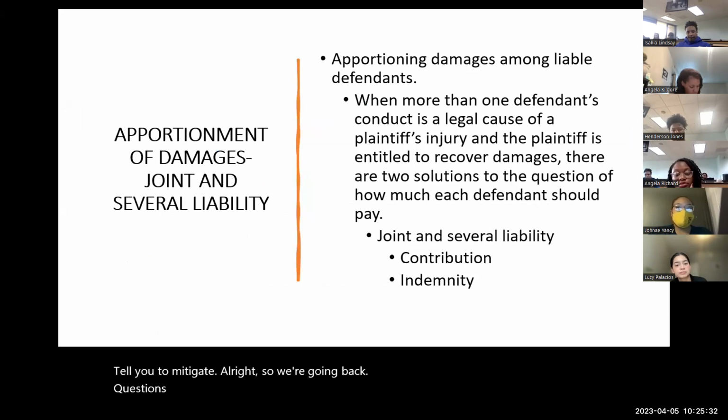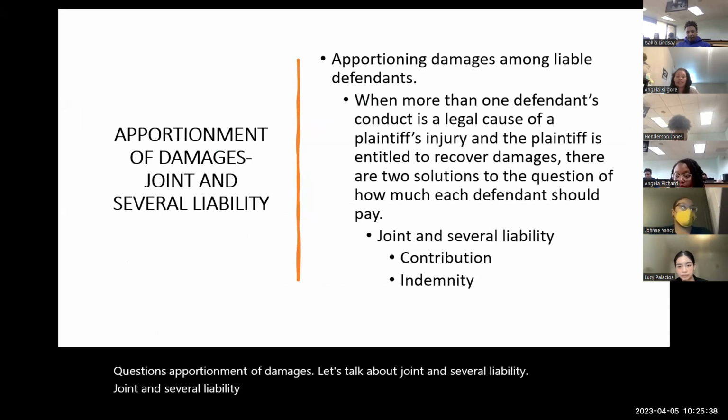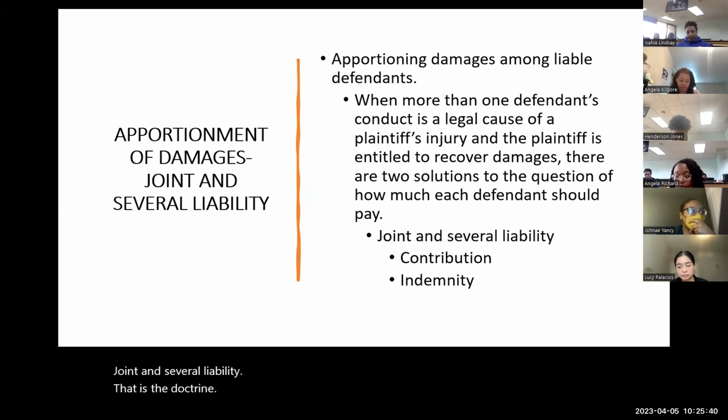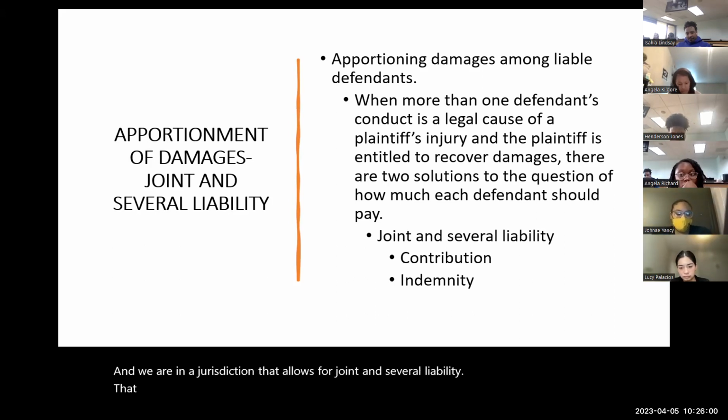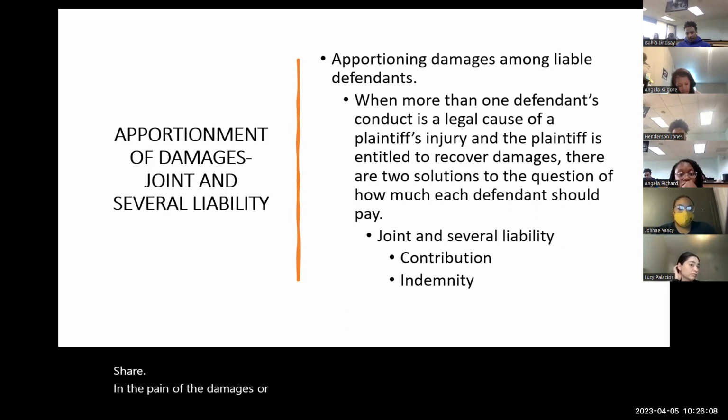Questions, apportionment of damages. Let's talk about joint and several liability. Joint and several liability is the doctrine that says if there's more than one defendant, concurrent causes, indivisible injuries, and we are in a jurisdiction that allows for joint and several liability, that means that they can share in the paying of the damages, or one can take the burden for all, right?